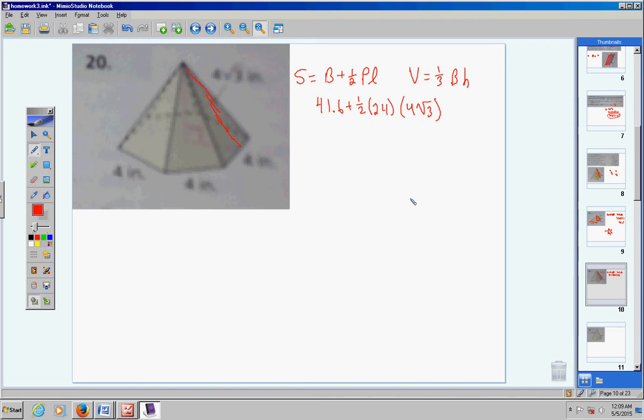So 0.5 times 24 times 4 square root of 3 will give us 83.1. So I have 83.1 plus 41.6.